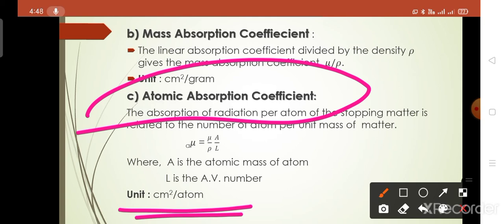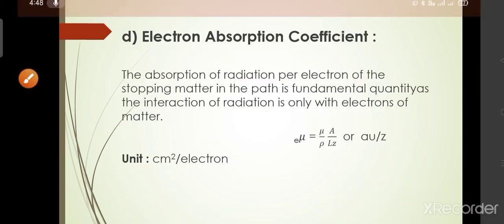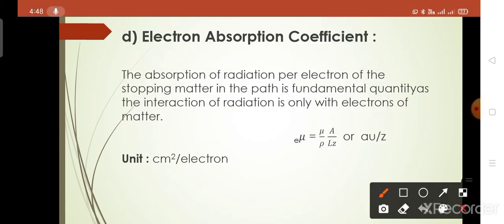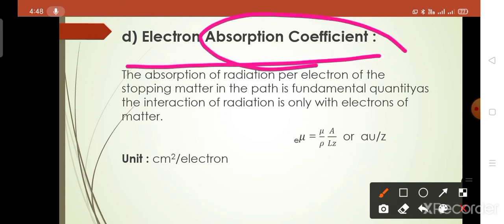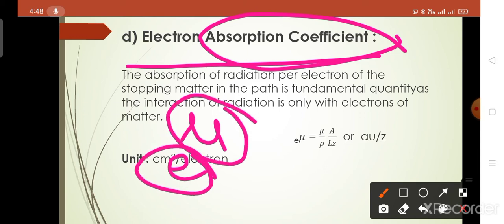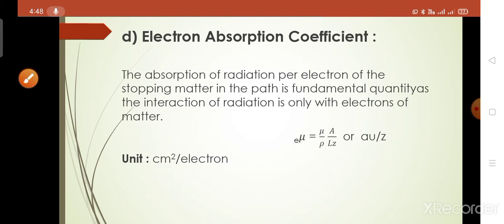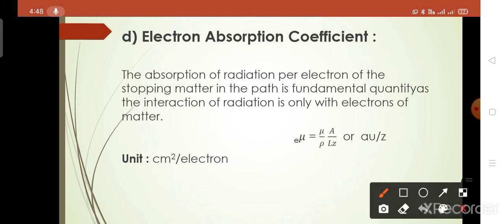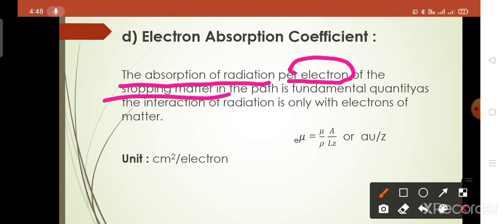This is very simple. Now the next one is the electron absorption coefficient. The electron absorption coefficient is denoted by the symbol mu e, e for the electron, and mu for absorption coefficient. In this type of absorption coefficient, it is the absorption of radiation per electron of the stopping matter in the path.